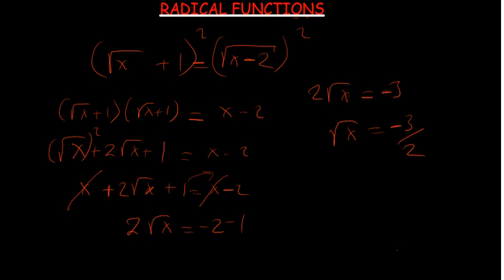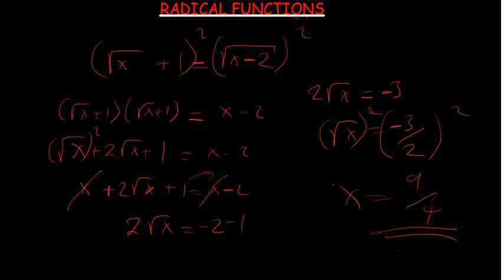So at this point, actually we can now square everything again. Square this side, also square that side. So our x is going to be equal to negative 3 squared is 9, 2 squared is 4. So that will be it for that one.